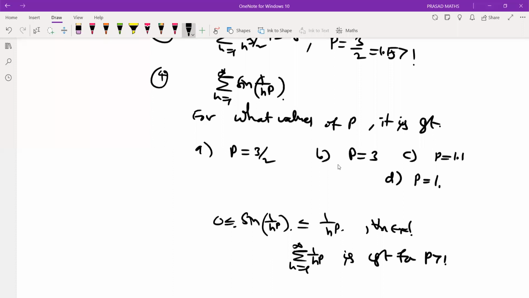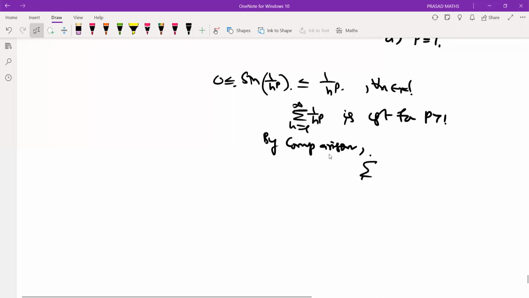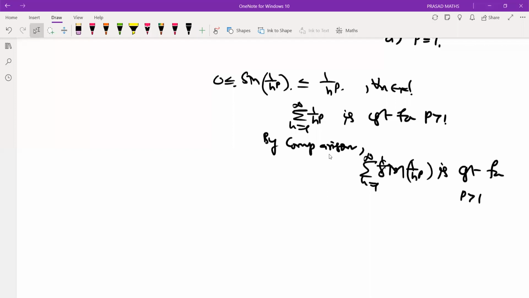Therefore, by the comparison test, the left side is convergent. Sine 1 by n power p is convergent for p bigger than 1.